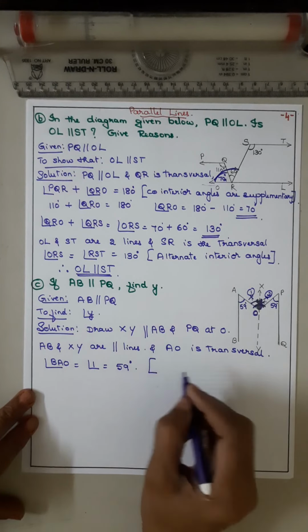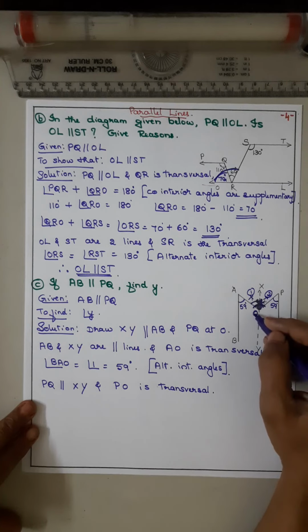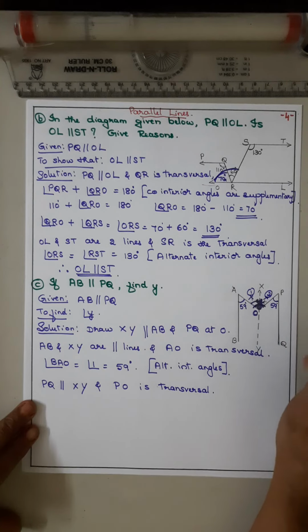Now you take the other one. PQ is parallel to XY and PO is the transversal. Again the same.